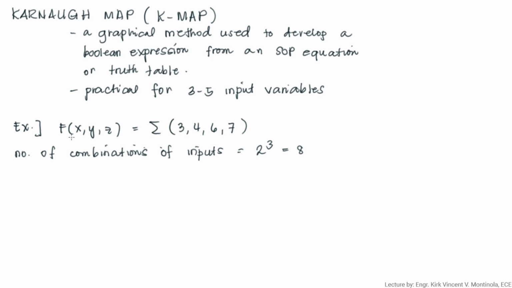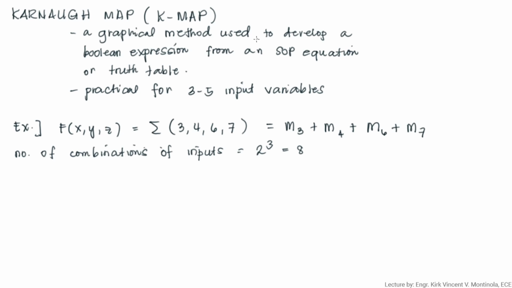So first, let's have an example of a certain function with input variables. We have three inputs x, y, and z, and it is an SOP of 3, 4, 6, and 7. It means this one is M3 plus M4 plus M6 and M7.